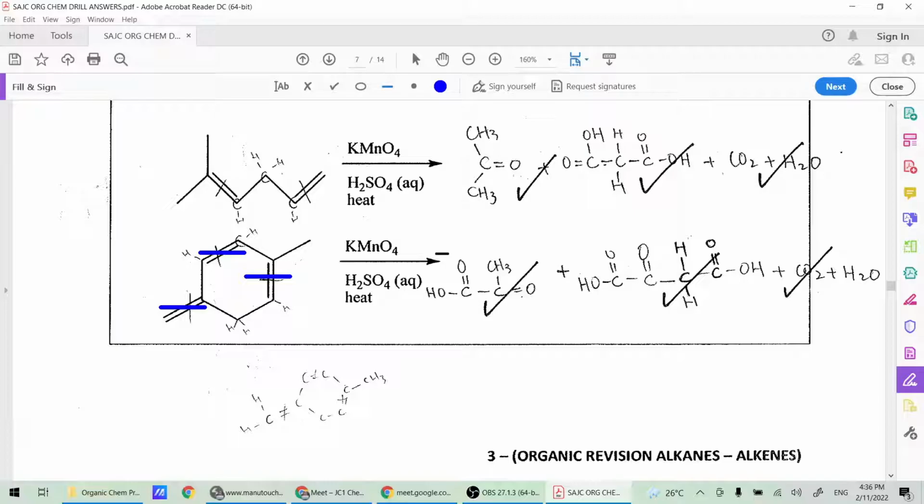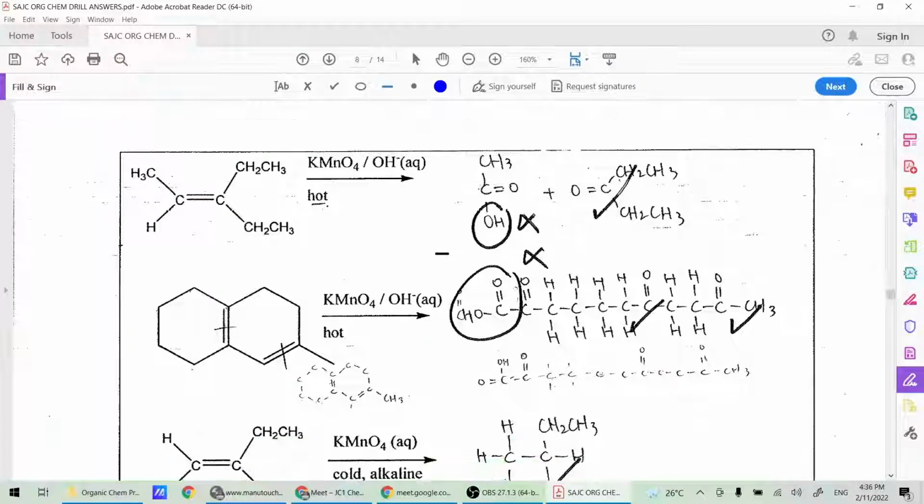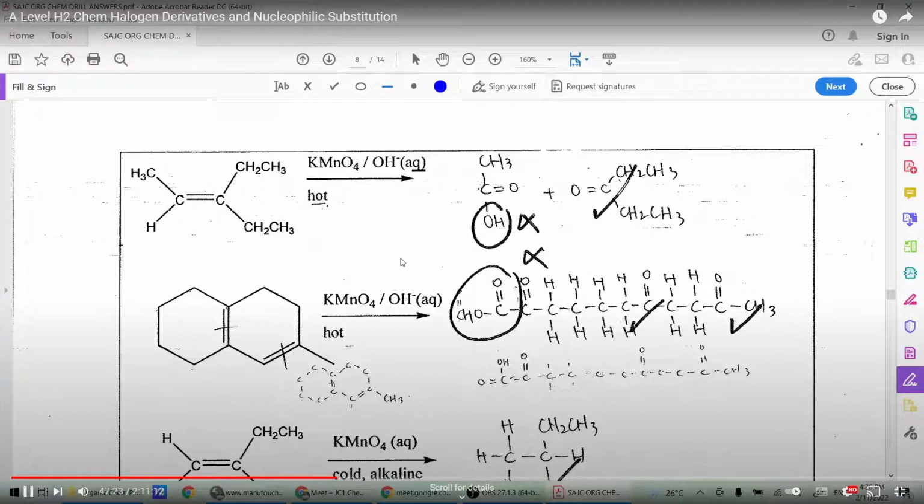I'm trying to listen to somebody's question. Probably they don't know how to see this being broken up into separate compounds. Okay, so let's move on.